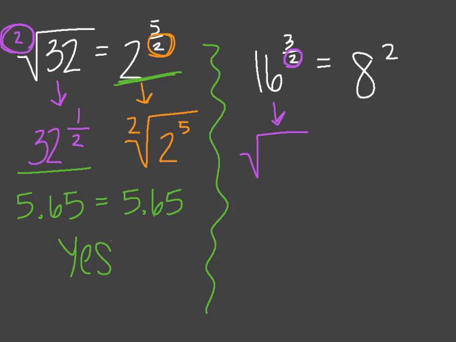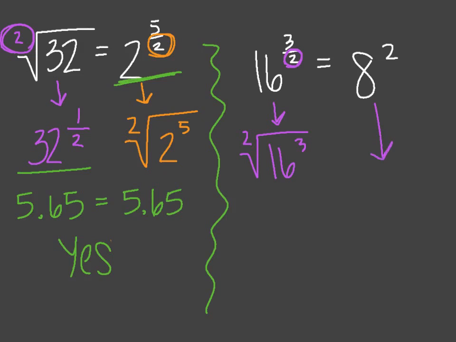So I'm putting this 2 on the outside of my radical. Anything that's left over goes on the inside of my radical. On the other side, since this is not a fractional exponent, it's a whole number, there's nothing I can really do to change that. It's just going to stay the same.